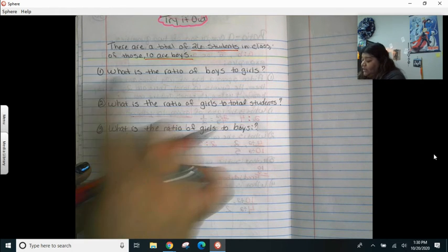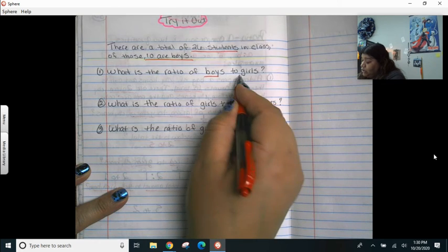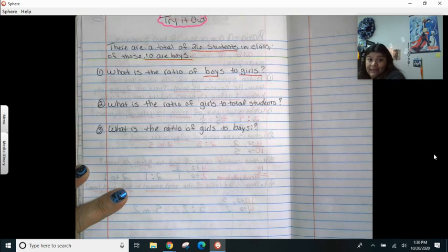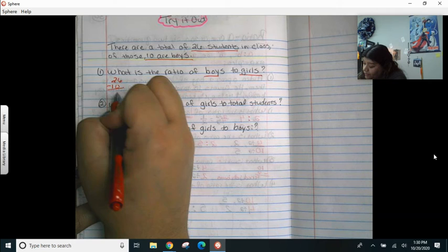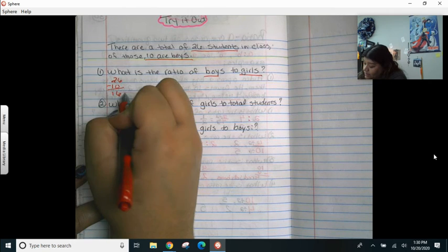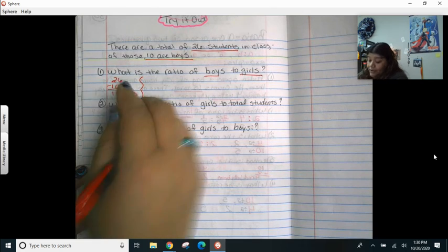Okay, let's look at question 1. What is the ratio of boys to girls? Well, they didn't say anything about girls here, but we can figure it out, can't we? If 10 of them are boys, how do I figure out the girls? Hopefully you subtracted. 26 minus 10, 16 girls. Good.